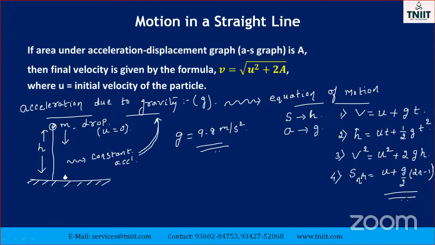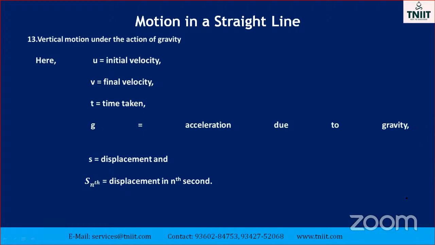Now, in addition to this, you have to concentrate on the vertical motion under the action of gravity. This is what we have derived. u is the initial velocity, v is the final velocity, t is the time taken, g is the acceleration due to gravity, s is the displacement, and the distance traveled in the nth second is the displacement in the nth second.